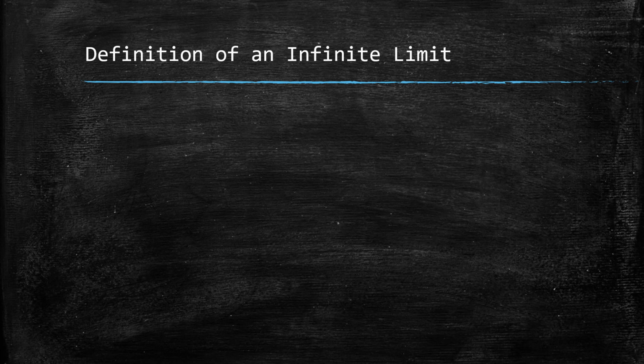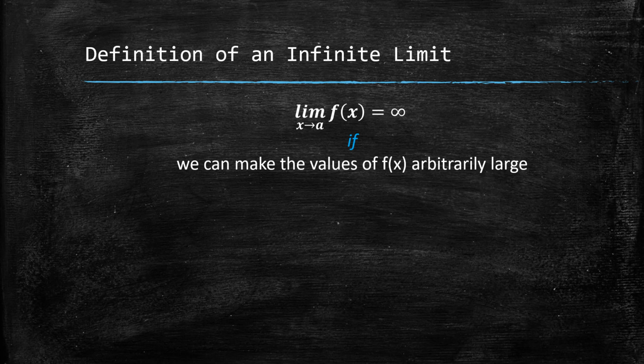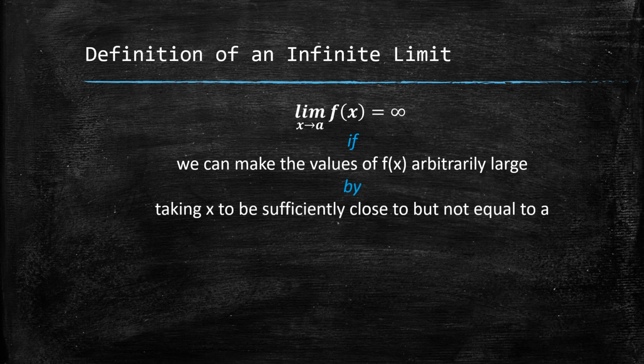So we can sum this up with a definition of what makes an infinite limit. The limit of a function as x goes to a, we say it's infinity if we can make the values of f arbitrarily large, that means as large as we like, by taking x to be sufficiently close to but not equal to a.